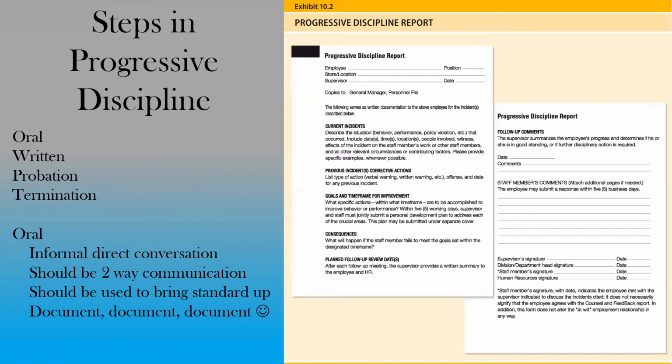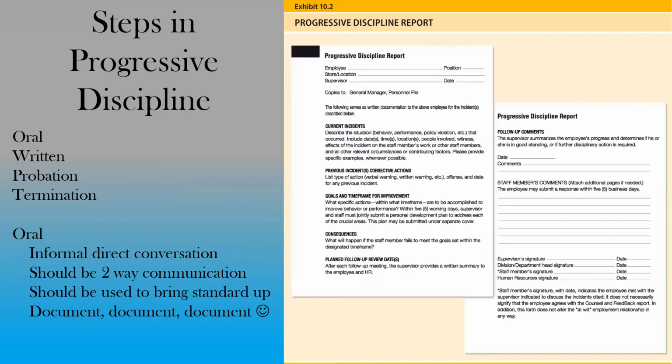This is not what policy is. We need to see about getting that corrected. It's not that you're in trouble or that I'm watching you. It's that we need to make sure we are doing things according to what the policy states. And of course, that last part with the little smiley face at the end, document, document, document.